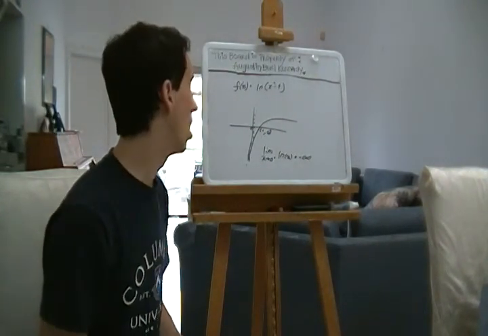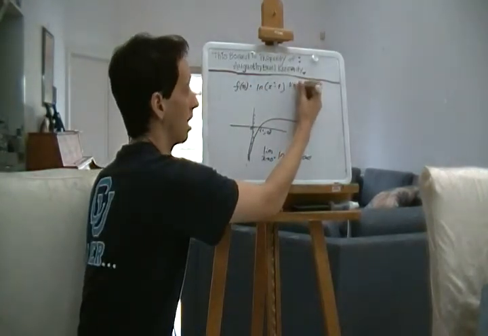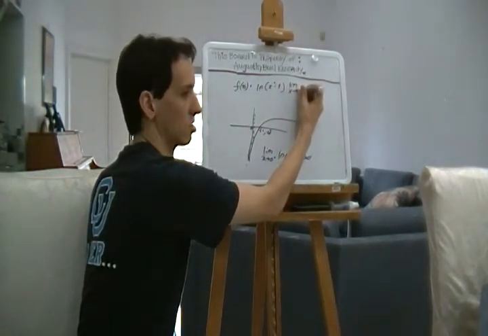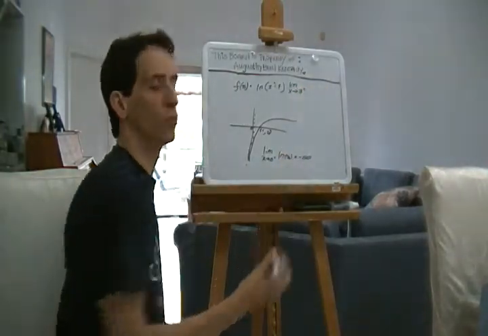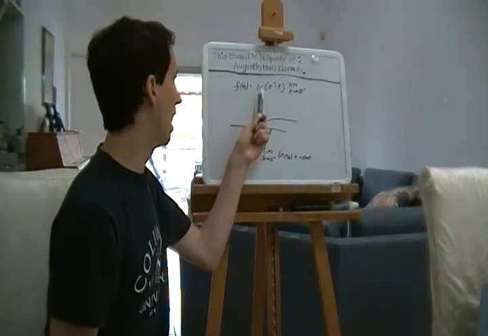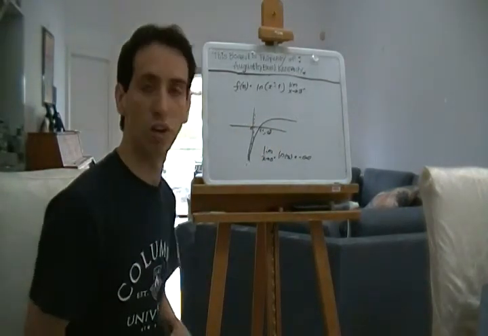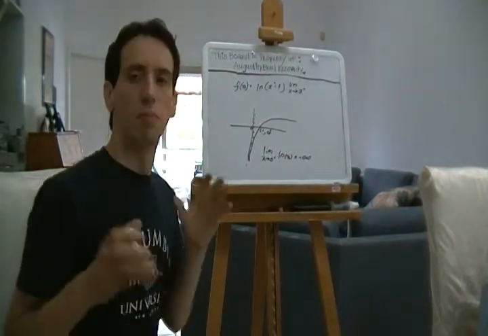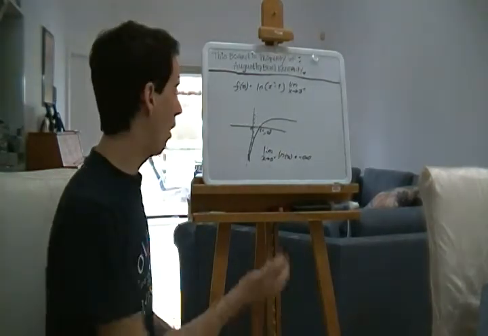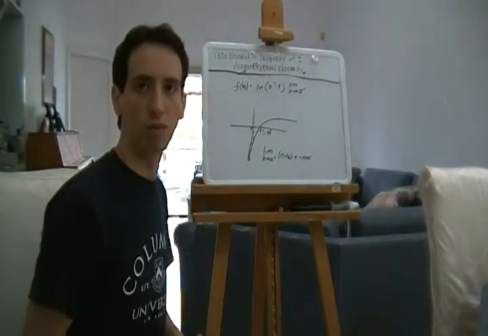And as you might expect, if we look at the function ln(x squared minus 9), we're looking for the limit of this function as x approaches 3 from the right. So let's try direct substitution. That would be the natural log of 0. That's not very good. We can't use that. But think about why. Think about what happens when the input of the natural logarithm is 0 in a regular logarithm function.